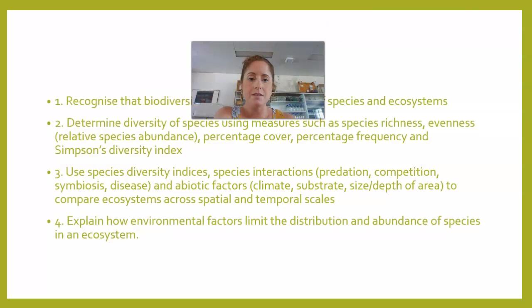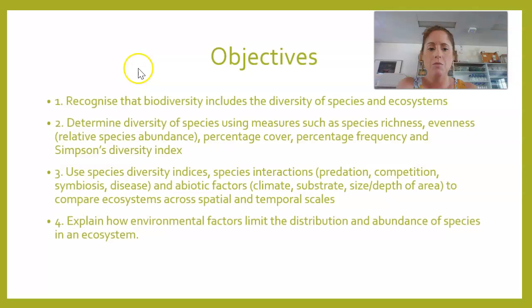These are the dot points from the syllabus for this section. We'll mostly do it in order, although there might be a little bit of jumping around in a few spots. We'll be talking about species diversity and ecosystem diversity, and different measures of diversity, and how we can use those measures along with species interactions and abiotic factors to compare different ecosystems, either over time or in different areas.